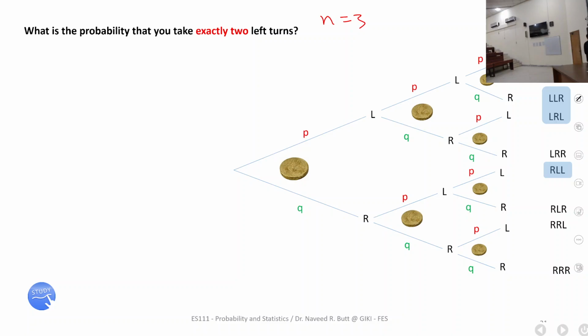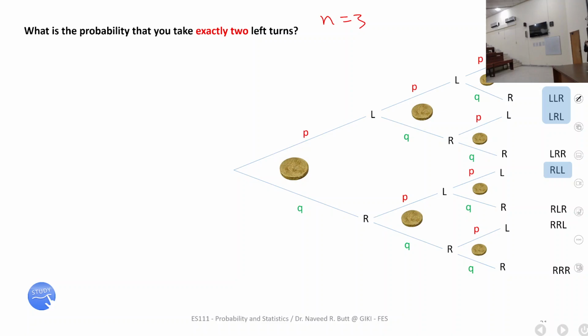Firstly, of course, these are the 3 outcomes. If P and Q are equal, then all are equally likely, and you could say 3 by 8. But if P and Q are not equal, the general case, then that would be wrong. So we have to develop it.